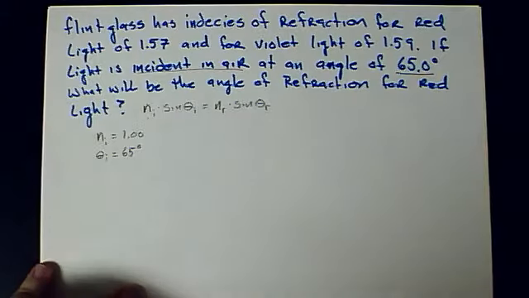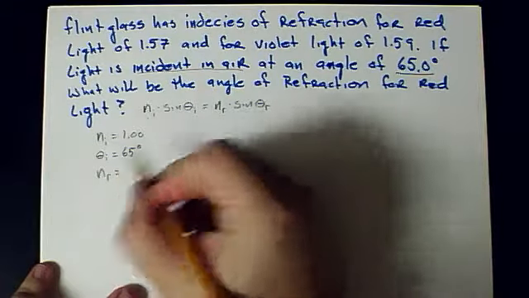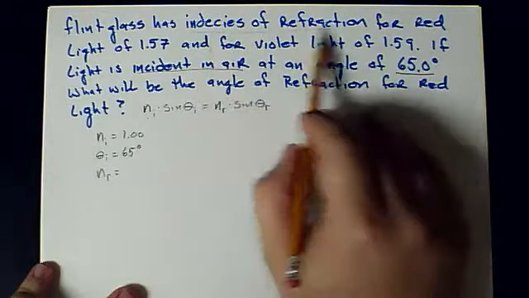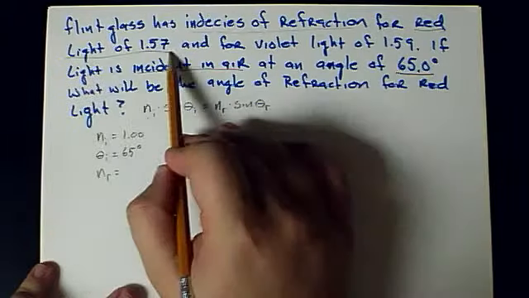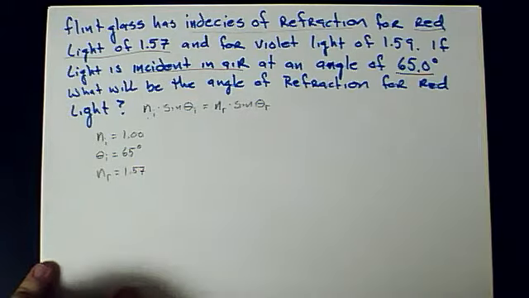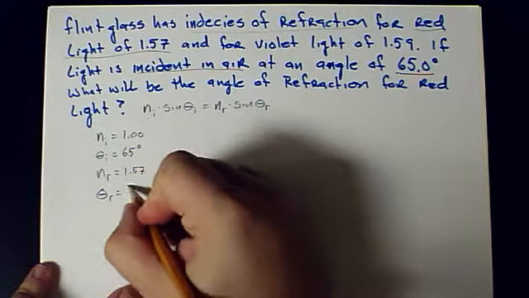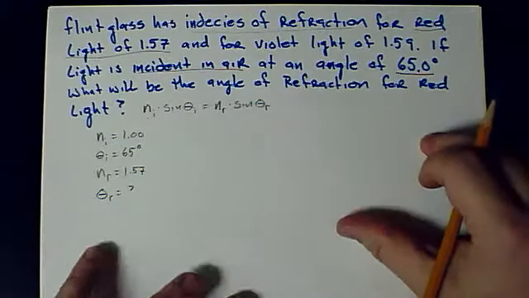So, 65 degrees is our theta i. Our index of refraction, it says the index of refraction for red light is 1.57. And it wants to know the angle of refraction.